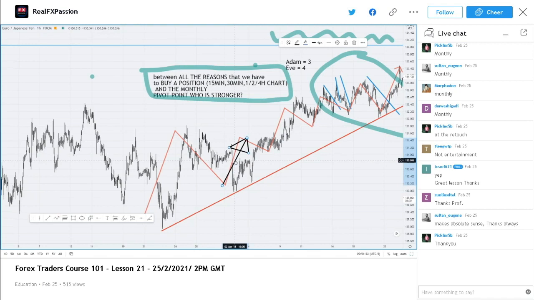There is nothing wrong if you are here to get entertained. It's normal. But one more time, if you aim to become a professional trader, study the charts and do this exercise on the 15-minute chart, 30-minute chart, 1-hour chart, whatever. You are going to see what happens if we don't take into consideration the monthly pivot points. Make sense?